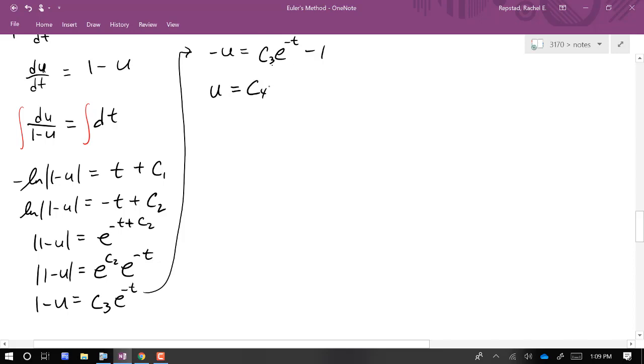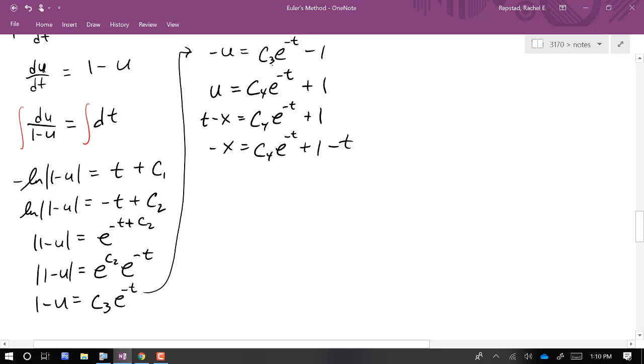So I have to chase negatives around a little bit less, and then plus 1. Now I can substitute u back in. U is t minus x. And I can solve for x now. So negative x is c4 e to the negative t plus 1 minus t.